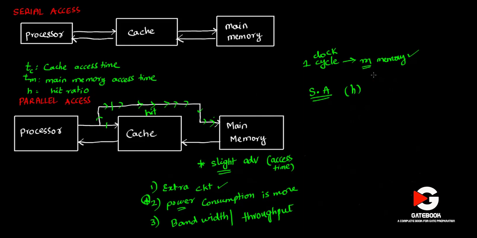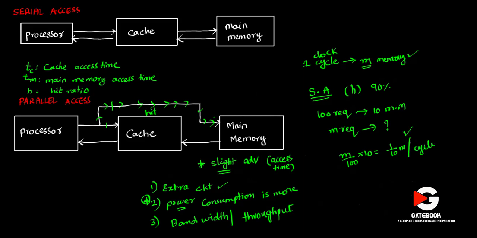Example, the hit ratio is 90%. Then can I say that out of 100 requests, 90 would be served by cache, but only 10 would go to main memory, right? Now, if you have m requests, then how many would go to main memory? Is it not m by 100 into 10? Yes. So that means 1 by 10th of m per one cycle of time, correct? This is the bandwidth of main memory.